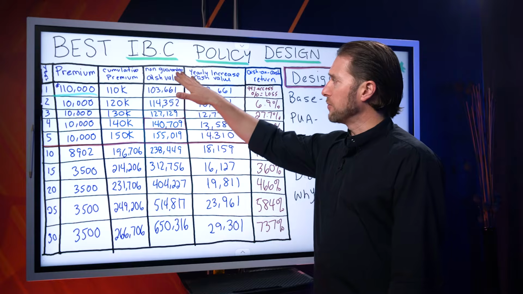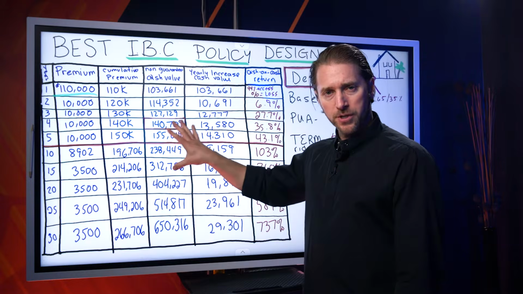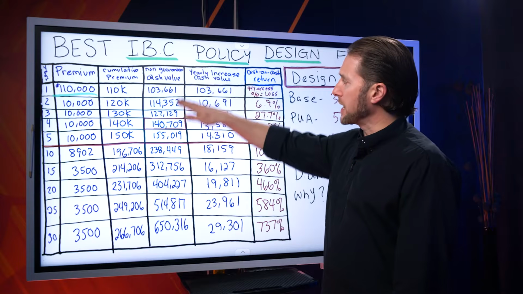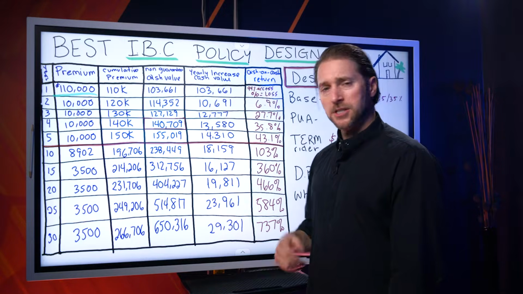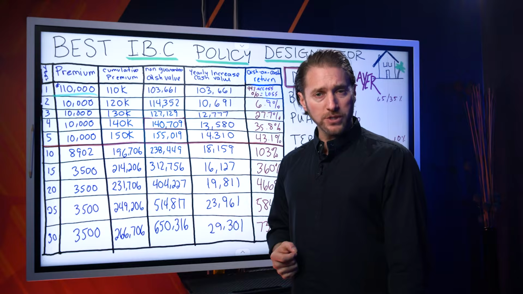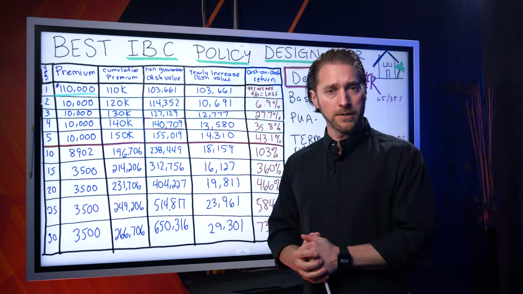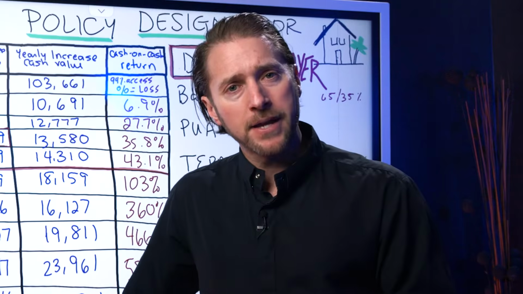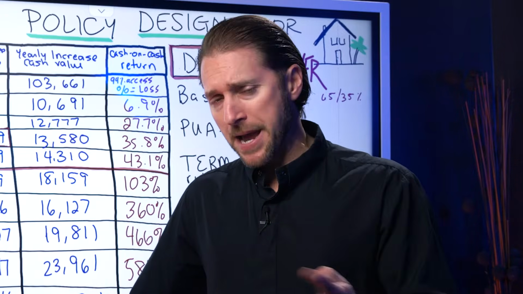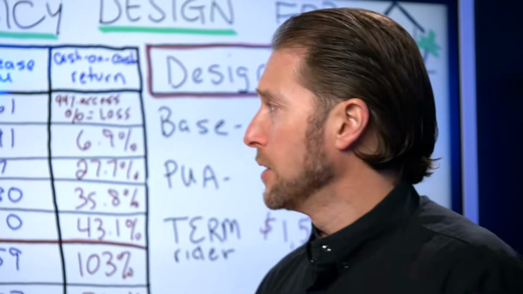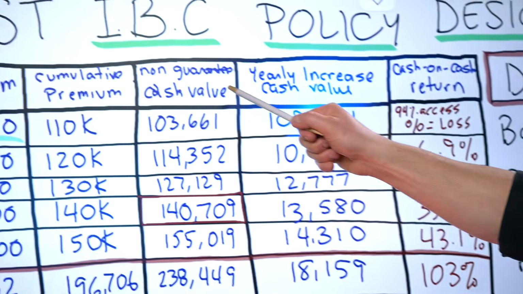But you have to know that the dividend, which is a component of this, is not guaranteed. The total interest rate and dividend that I'm paid on this particular policy as of 2023, when we're doing this video, is 5.2%. Now, how does that compare to your bank? Pretty good, huh? Is your bank giving you 5.2%? Probably not.